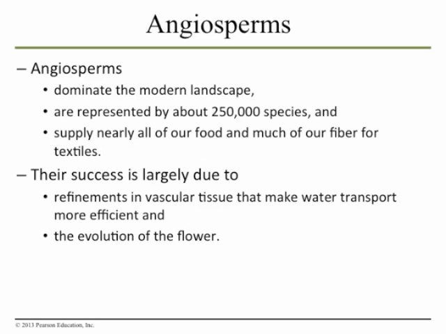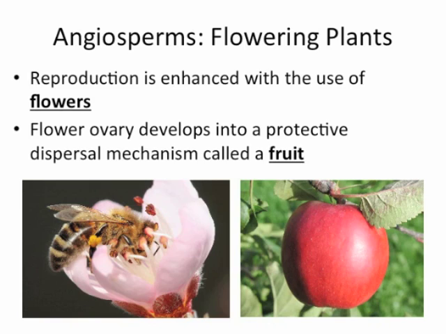So angiosperms have a mechanism of reproduction that's enhanced with flowers. Flowers will allow them to direct pollination by using a pollinator like a wasp or a bee, or a bat or a hummingbird. So there's all kinds of different vectors, different mechanisms for getting pollen from one place to another. And what they're doing is trying to control their pollination.